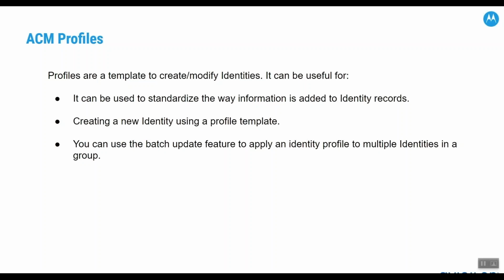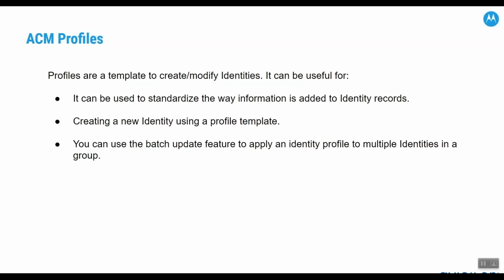Rather than populating that information each time for each specific identity, you can create a profile and assign that profile to each identity and not have to populate it each time. Now, you'll still have to add specific information if you want to add their name and their card number, but it saves you a lot of different steps and a lot of time that you don't need to enter all this stuff each time for each user.